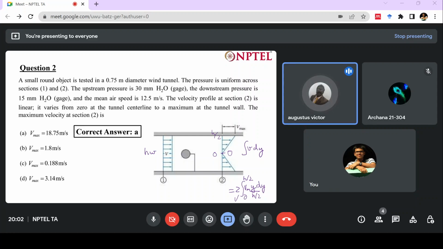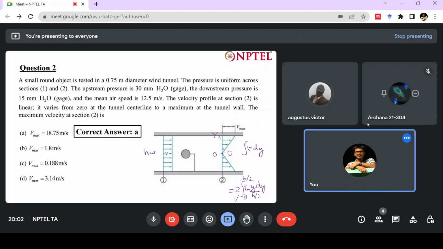Sir, shall we find the velocity profile and based on that, solve the problem? First, we will find out what the velocity profile is. Yes, sir. The outlet velocity profile here is given already. So based on this, we will need to solve this problem.